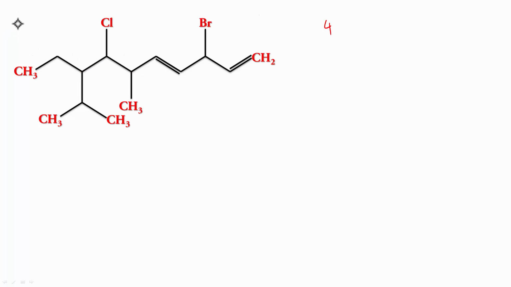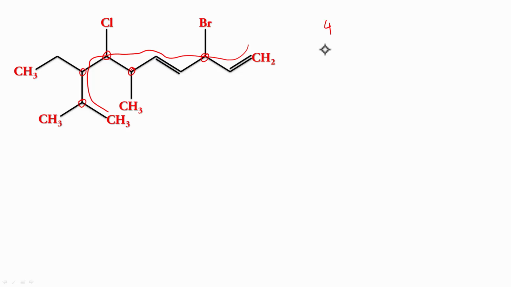Okay. Now let's go for the chain that goes this way. If we do this, then I get one substituent here, one here, one here, one here, and one here.